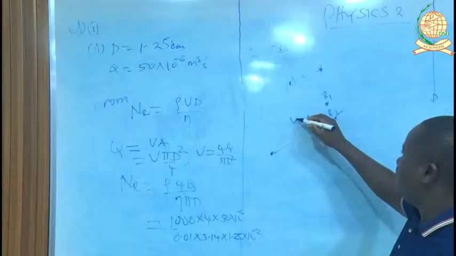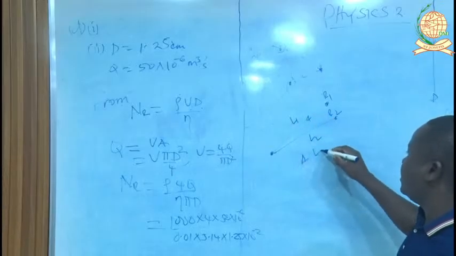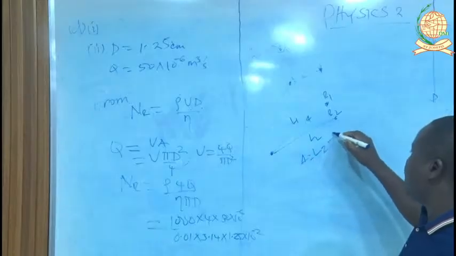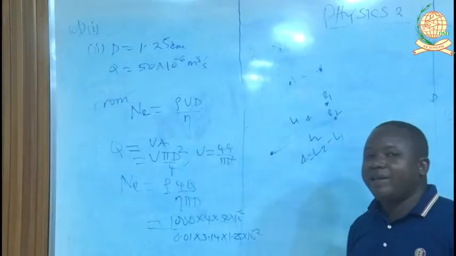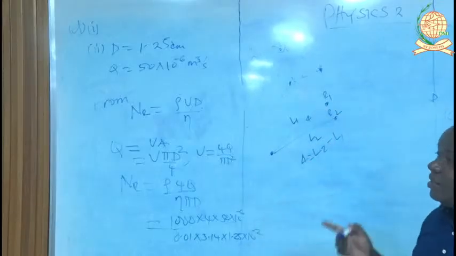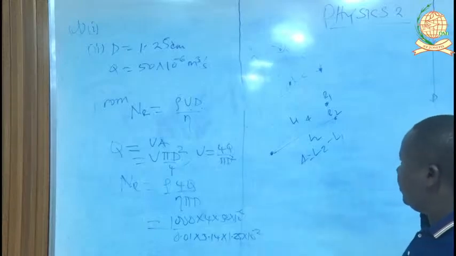If this is length 1, this is length 2, then the path difference is equal to L2 minus L1. So it is just the difference in the path taken by two rays of wave or two waves.